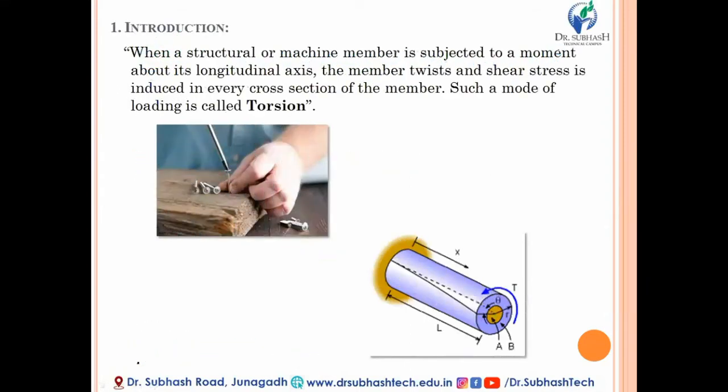The first topic that we are going to discuss is an introduction. Basically, the term torsion is very famous, and every instant of your life you have listened to this term frequently. Torsion is directly related with the twisting moment, or we can say the torque.